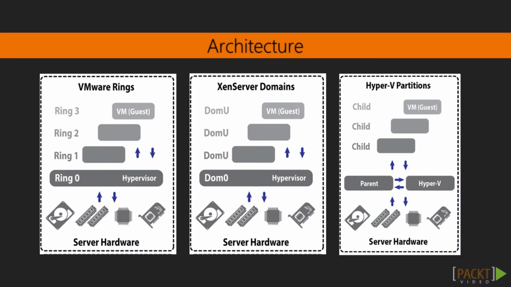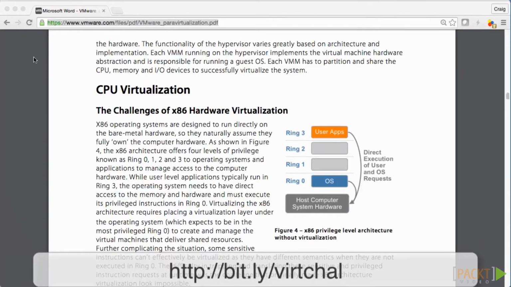Let's take a look at some simplified architectures to help you understand what Hyper-V is doing. I've included a couple of other hypervisor architectures for comparison, and you will notice that they all do pretty much the same thing. VMware has its rings of privilege. The hypervisor runs in ring 0 and has the highest privileges.